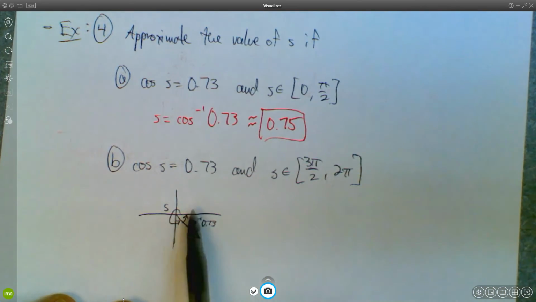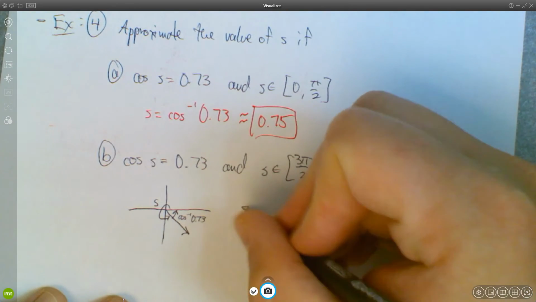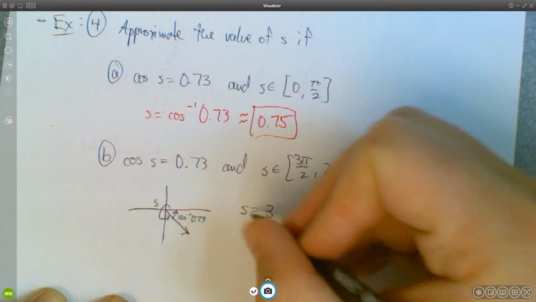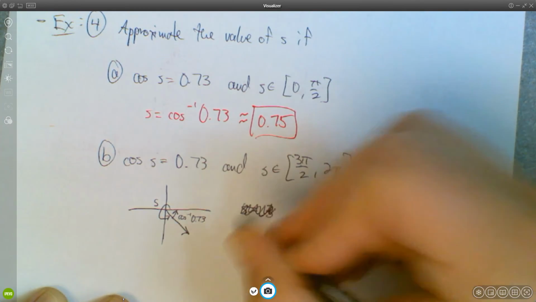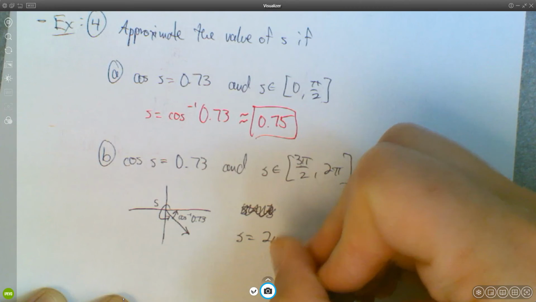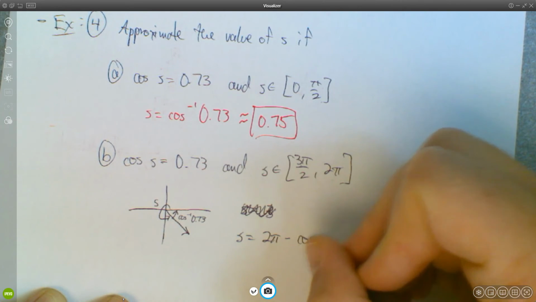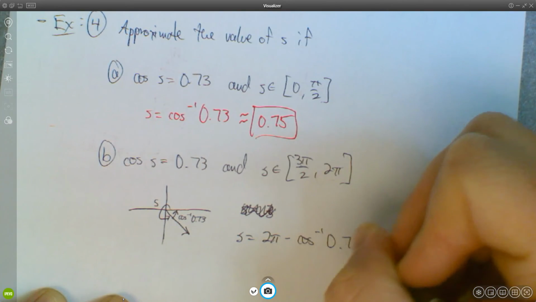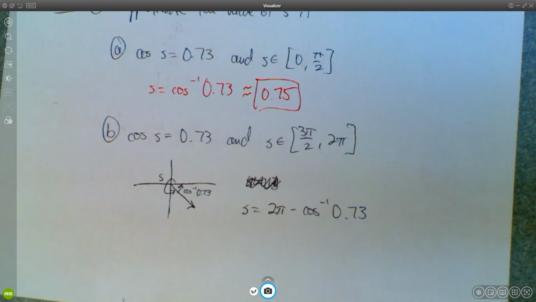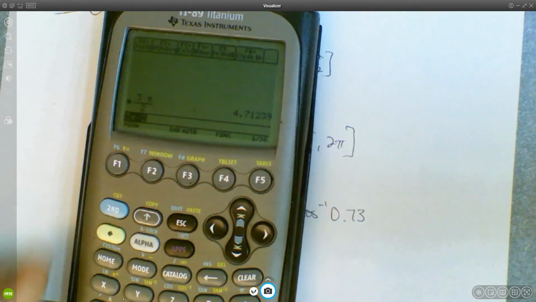So S should be 360 degrees minus cosine inverse of 0.73. Well, let's not work with degrees though. It's going to be 2 pi radians minus cosine inverse of 0.73. So let's see how much that is. I'm going to go ahead and plug that into my calculator.